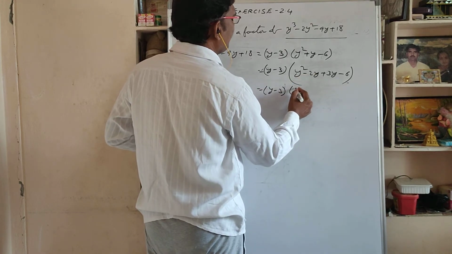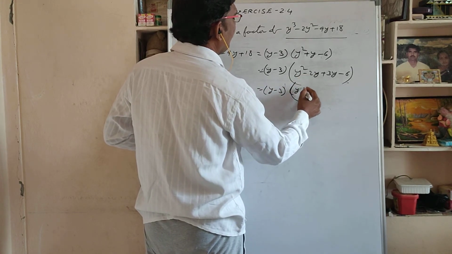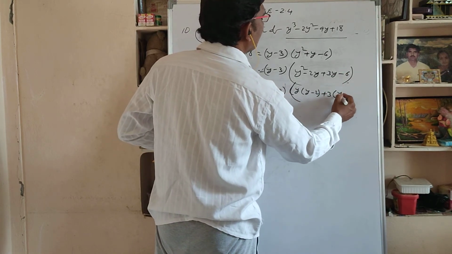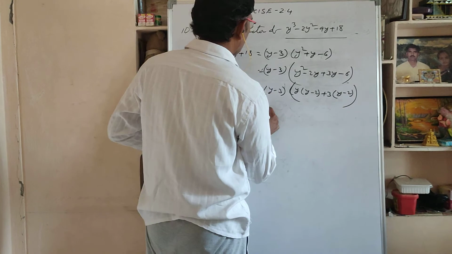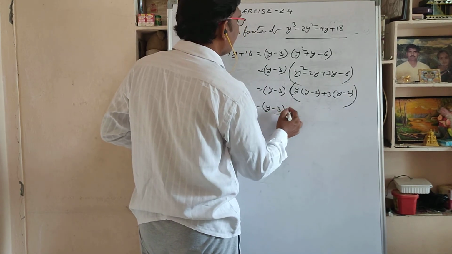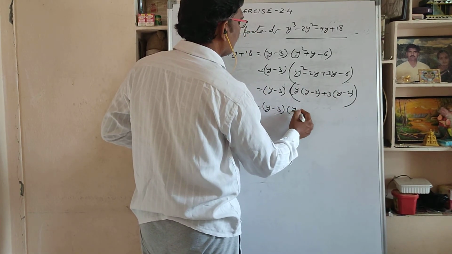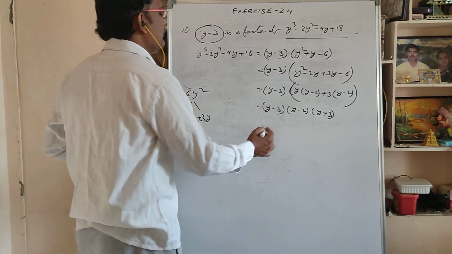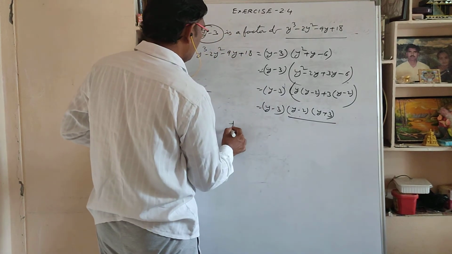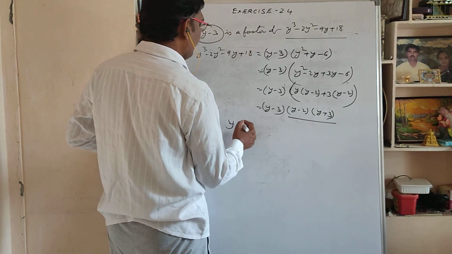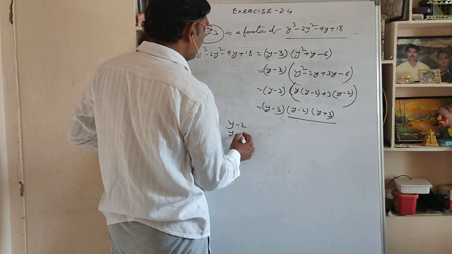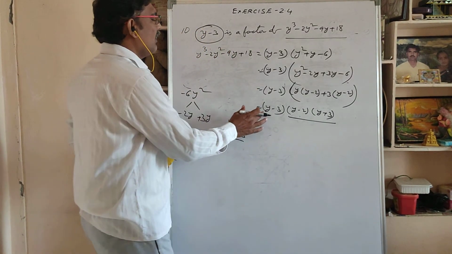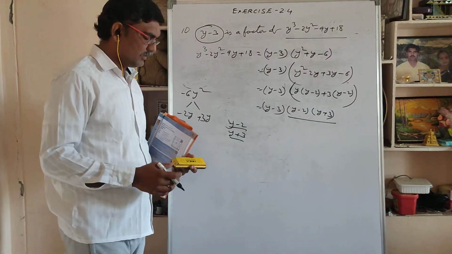In these two terms I am taking y as common. Y into y minus 2. In this 2 I am taking plus 3 as common. Y minus 2. Now I am taking y minus 2 as common. Then I am getting y plus 3. So the remaining two factors are y minus 2 is 1 and y plus 3 is another factor. One factor already he given, two factors are this one.